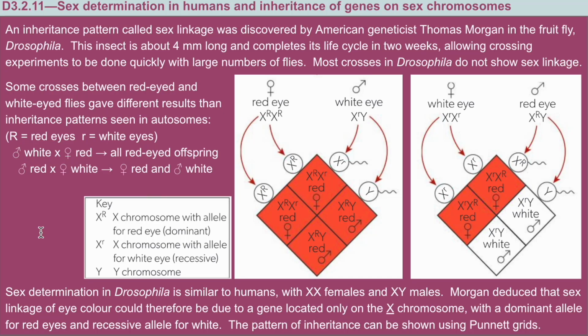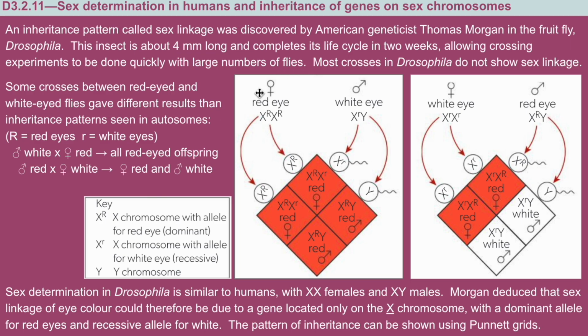And so while most crosses in fruit flies don't show sex linkage because they're on the autosomes, the non-sex chromosomes, we are going to see that the particular red eye versus white eye trait is carried on the sex chromosomes. And so we're going to see this inheritance pattern.